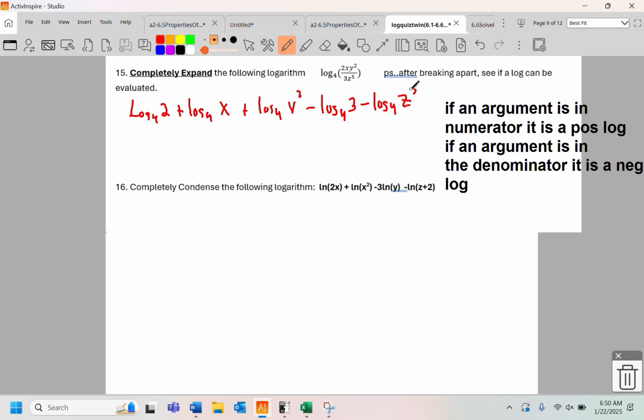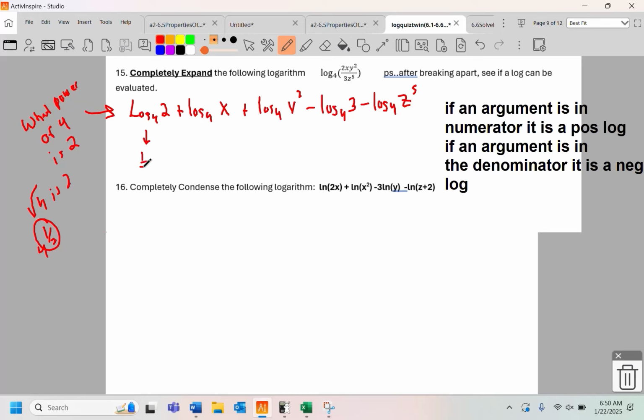Now I talk about seeing if a log can be evaluated. If it can be a nice number, evaluate it. This guy right here says, what power of 4 is 2? When I read a logarithm, I read it like that every single time. Well, I know that the square root of 4 is 2, and the square root is the 1/2 power.